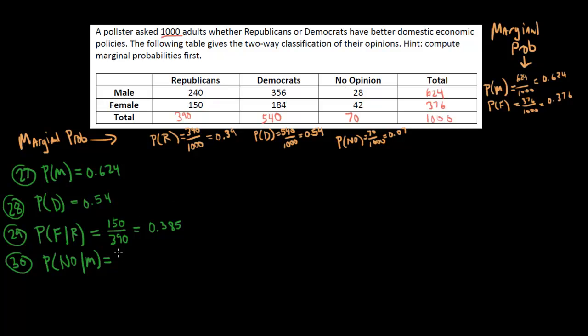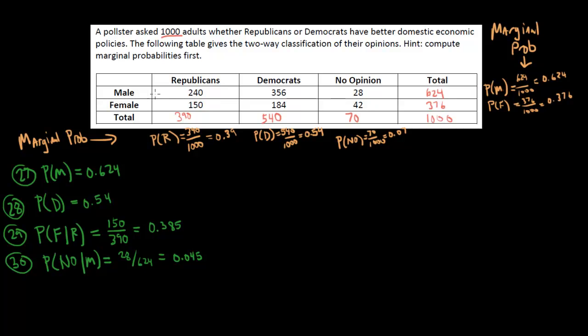So once we're guaranteed to be on this row, what's the probability of a male having no opinion? Well, there's 28 out of 624. 28 divided by 624, and I get 0.045. So a pretty low probability. Again, how conditional probabilities work is we're assuming that male happens for sure.